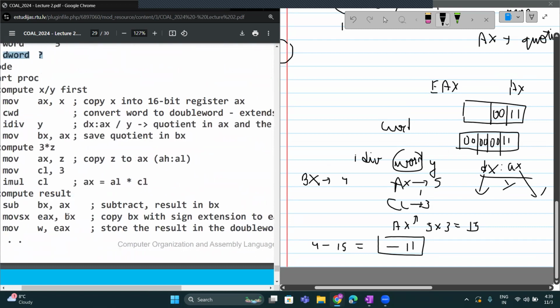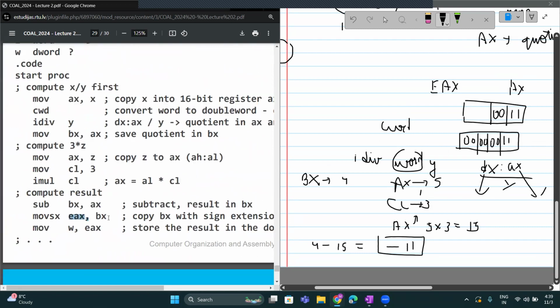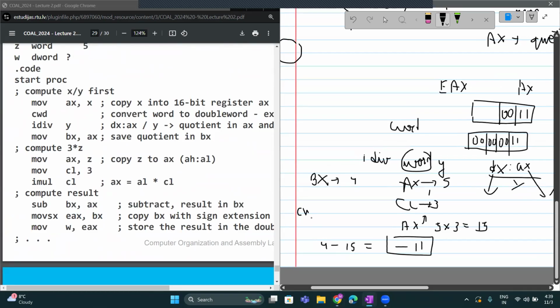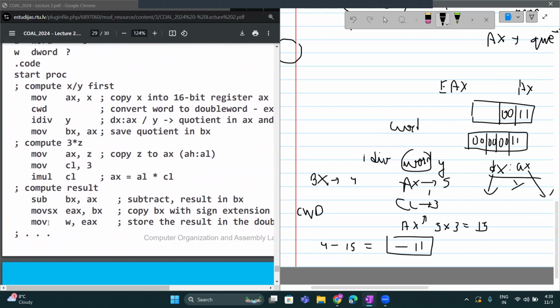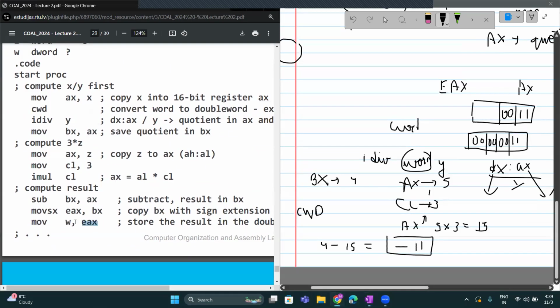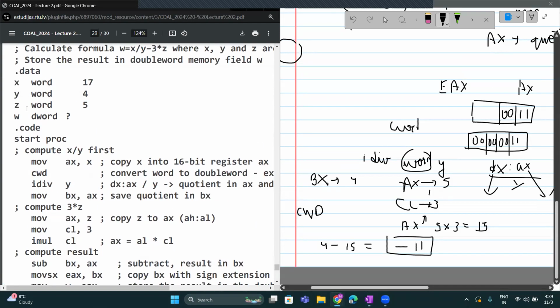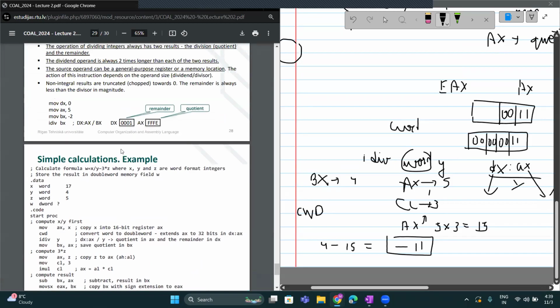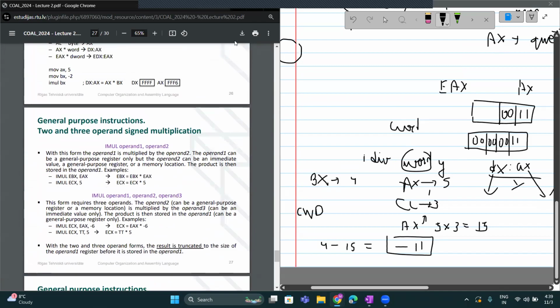How to convert it? We either sign extend it or we use convert word to double word. That will convert, and then we will move this EAX value to our memory field, which is W. So that's how we decode simple calculations.